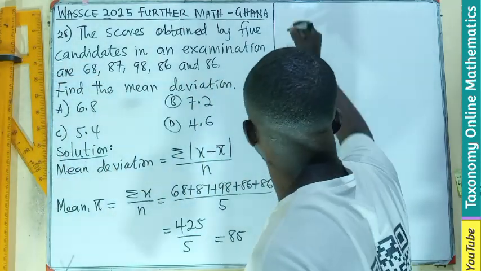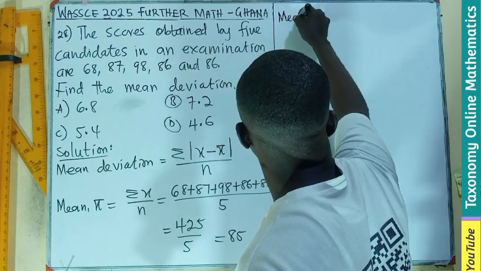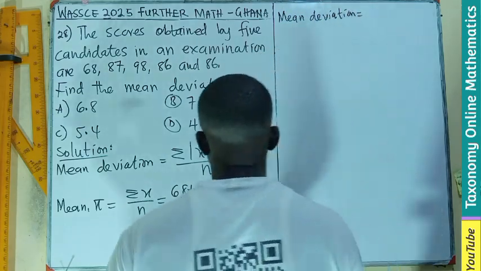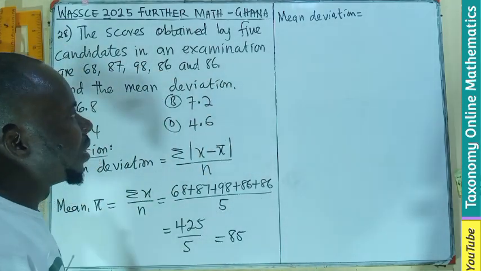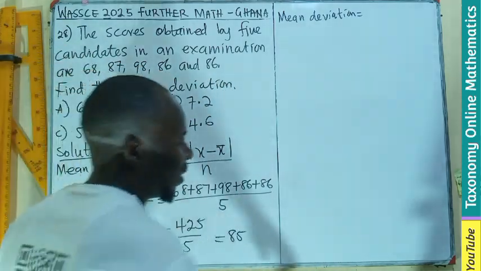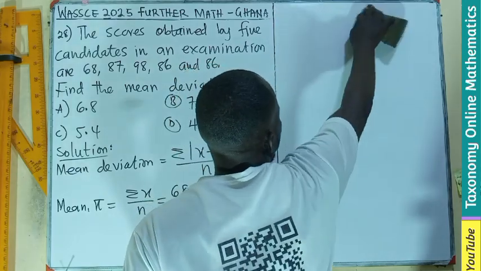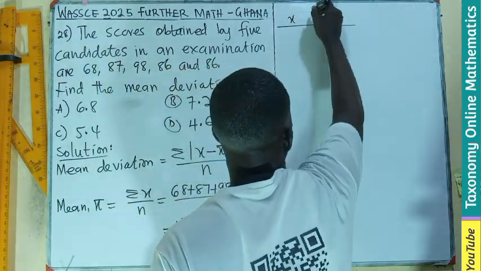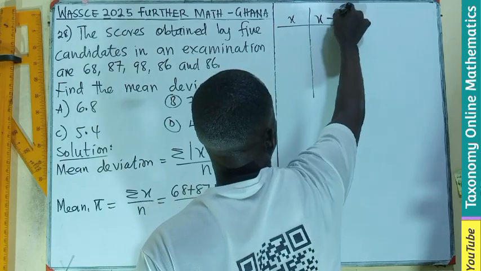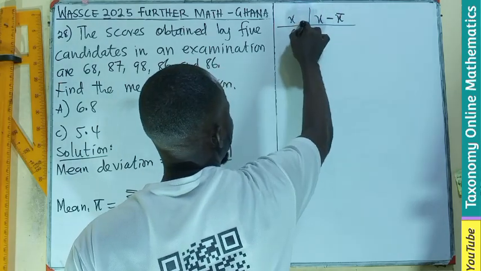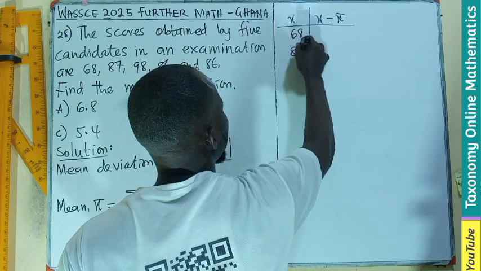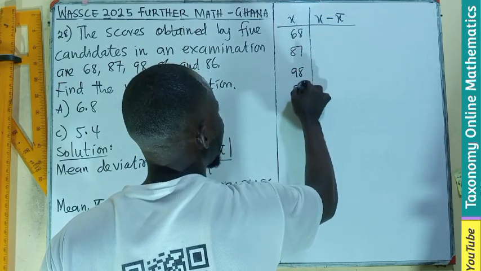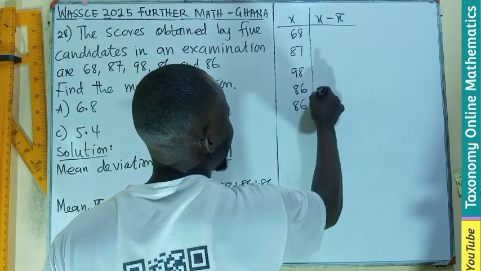Then our mean deviation is talking about the summation. I have space, so let me go down a bit to have the values of x as a table, then the deviation in the values. So 68, 87, 98, 86, 86.